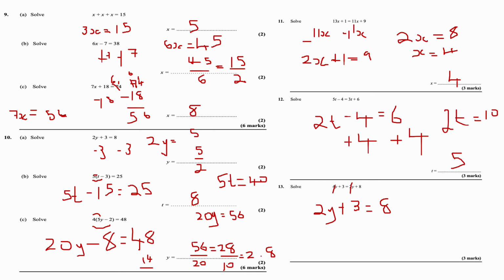So that's why I take the small variable away from the big variable. Taking away 3 from both sides, I get that 2y is equal to 5. Dividing both sides by 2, guys, I get y is equal to 5 halves. Okay, so 5 halves, or 2.5.